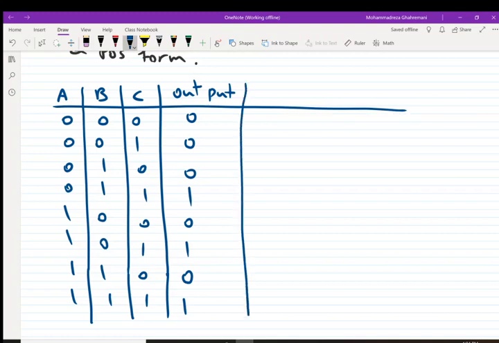And now we write minterms and maxterms. First, let's write minterms.